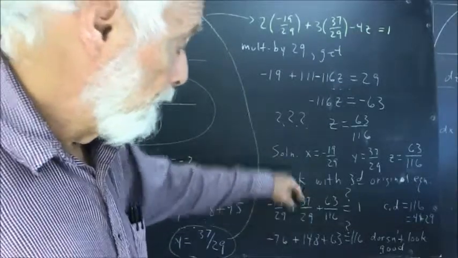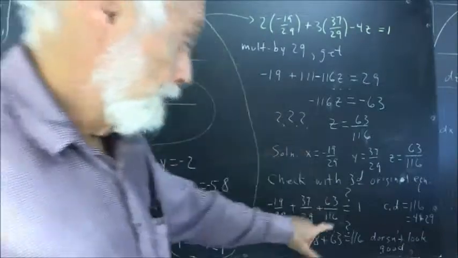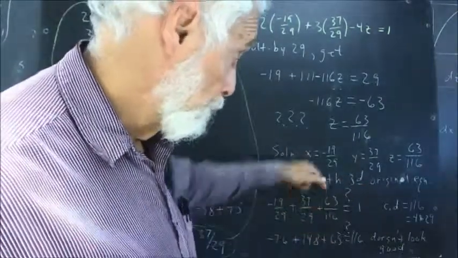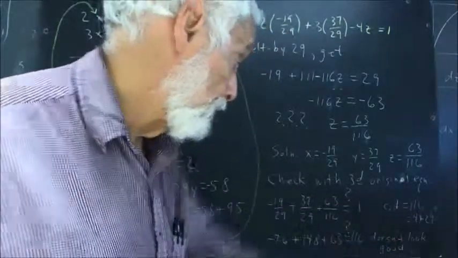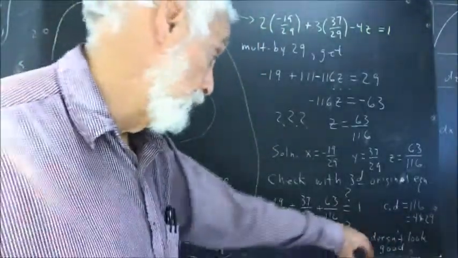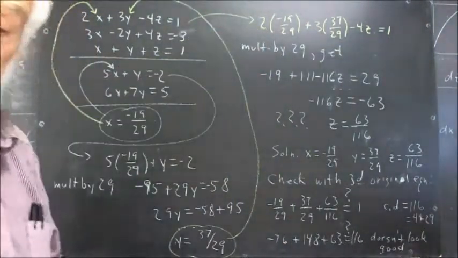Similarly, we're going to end up here with 4 times 37, which I believe is 148. And, of course, 116 times 63 over 116 is 63. Multiplying 1 by 116, we get 116, and these numbers don't add up to 116. So there's something wrong with my solution.